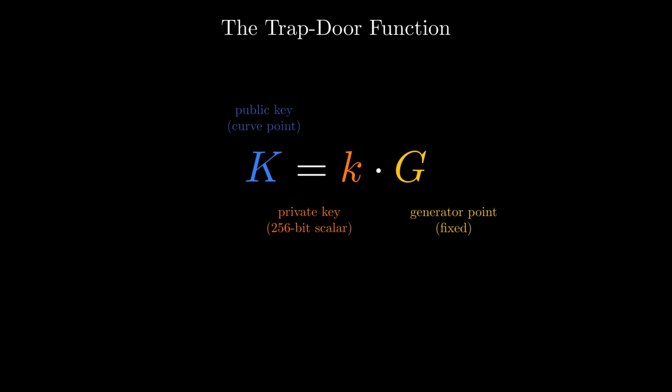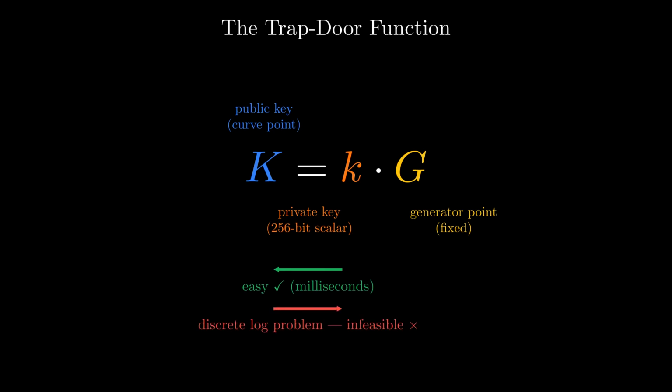Here is the trapdoor. K equals k times G. Going forward, multiplying your private scalar k by the generator G to get the public key K takes milliseconds. Going backward, starting from the public point K and trying to recover the secret scalar k is called the discrete logarithm problem on an elliptic curve.